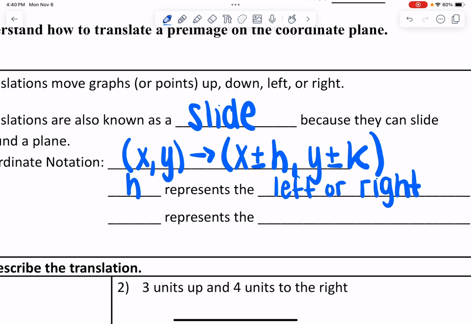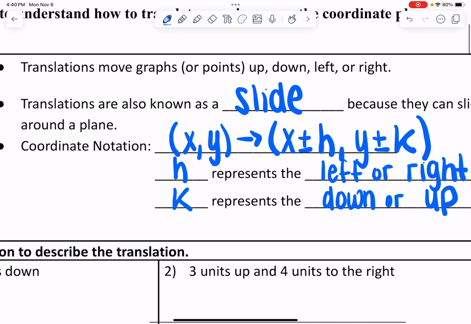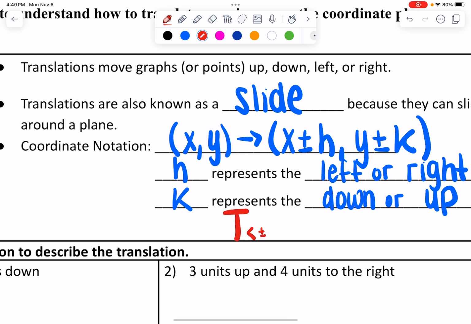And then for k, that's going to be down or up. One thing to know about translations is another way of writing it: you can also write a capital T, and then in lowercase, plus or minus h, comma, plus or minus k. They mean the same thing, it's just written in a different way.